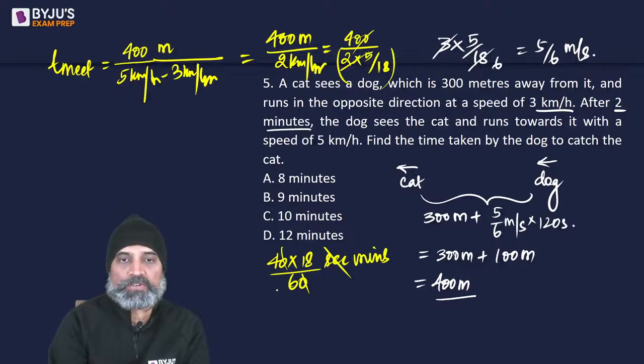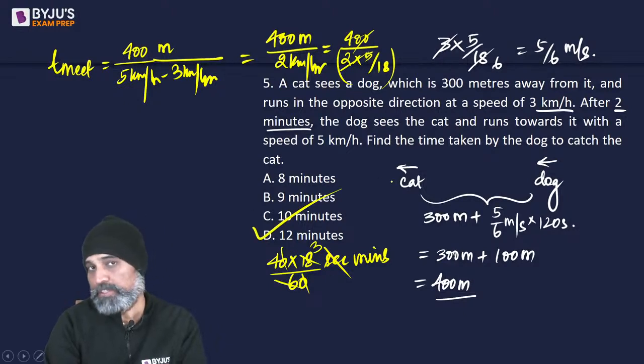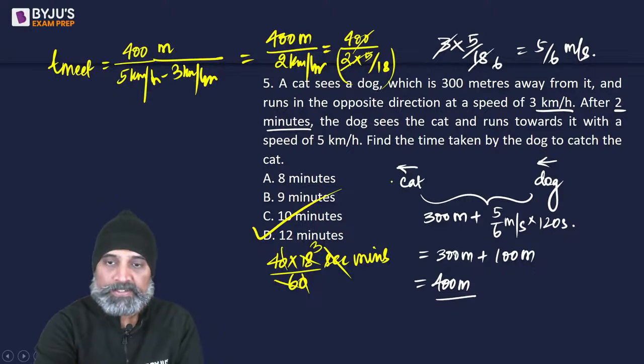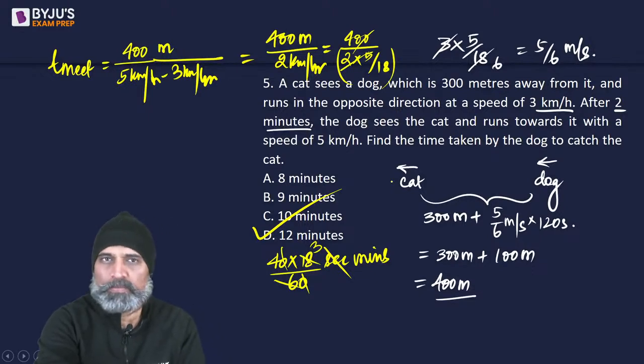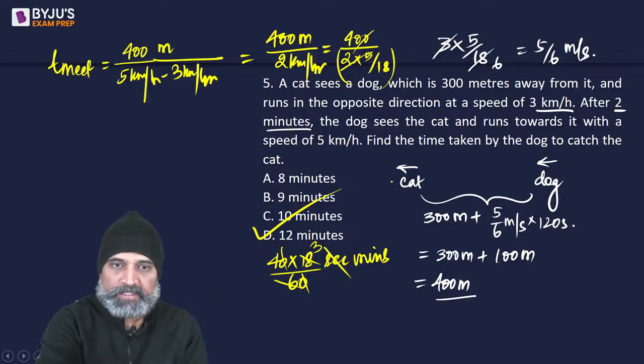So 10 goes away, 16 go. So 4 into 3 will result in 12 minutes, right? We could have also converted this entire thing into meters per minute at the very beginning. That would have also made sense, right?